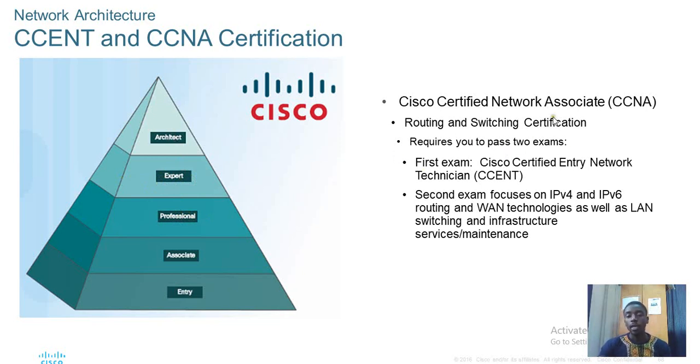We are only providing training on the CCNA routing and switching, that is Cisco Certified Network Associate routing and switching certification, that requires you to go through the CCENT 1 and CCENT 2 courses.